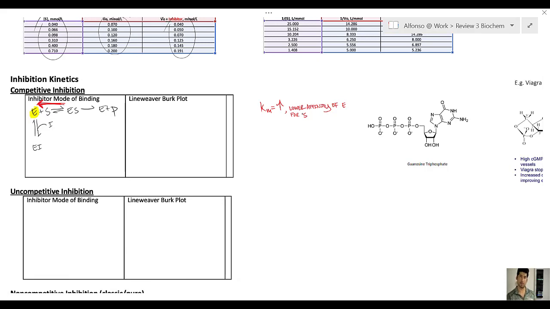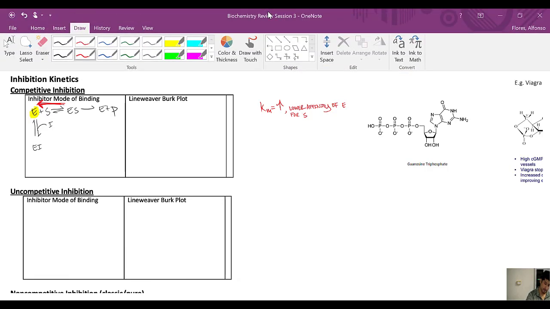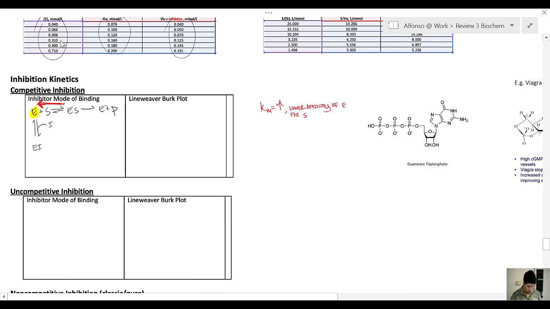So whenever the Km increases, the enzyme has just lowered its affinity for its substrate. So it doesn't really want to bind to it anymore, and that's what we see here when it starts unbinding. Okay, so Km goes up.